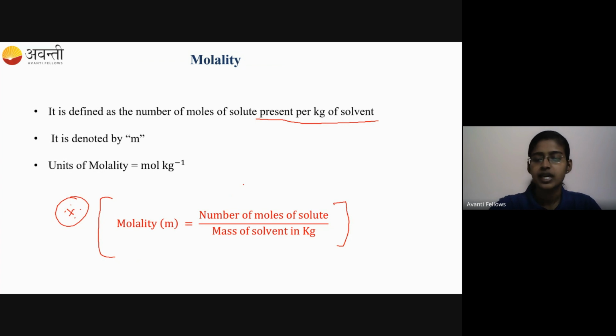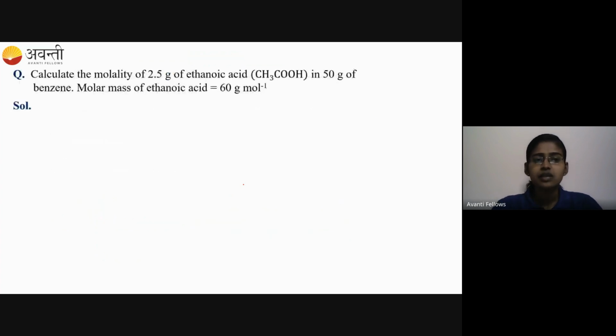The question says that calculate the molality of 2.5 gram of ethanoic acid in 50 gram of benzene. And the molar mass of ethanoic acid is 60 gram per mole.